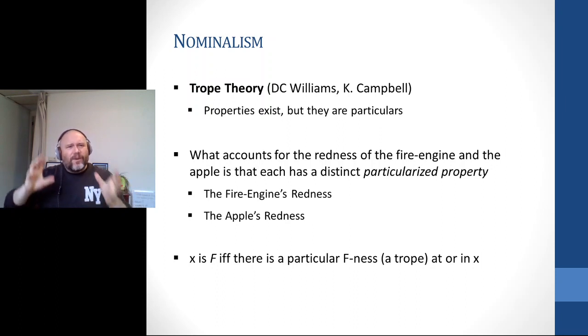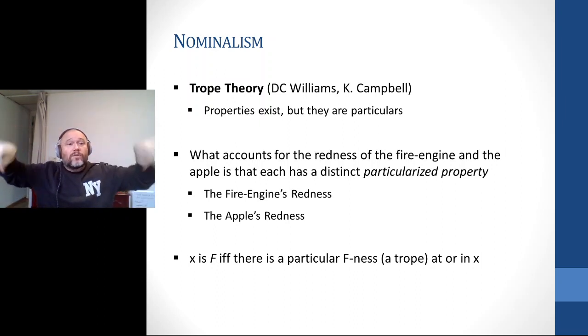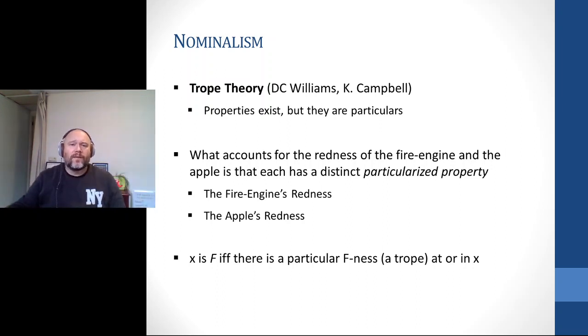So it's very close to the Aristotelian view, but instead of thinking of a property as the thing that's multiply instanced in every particular that has the property, the trope theorist says all there is to the property are the specific occurrences. If we're going to talk about this universal, that's just loose talk. There is no such thing as a universal. There are only the local occurrences.